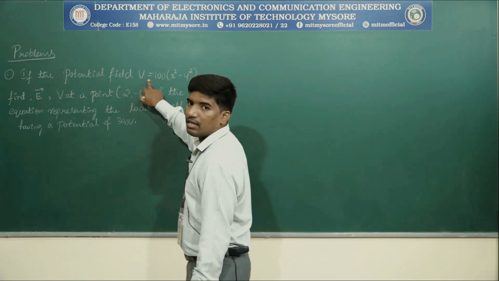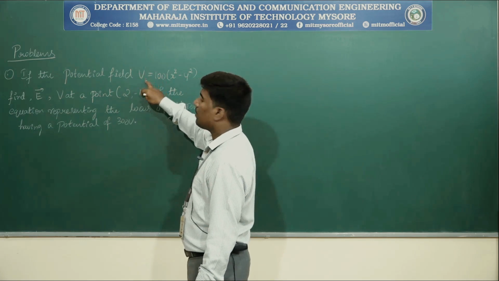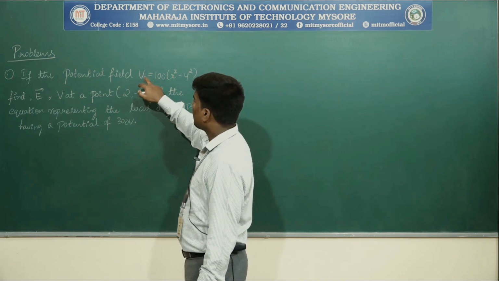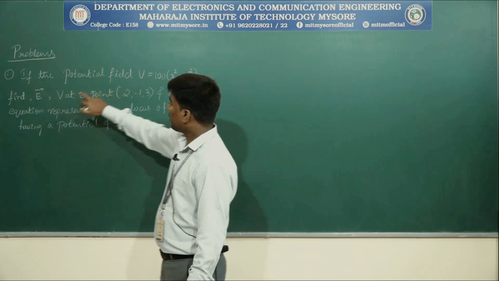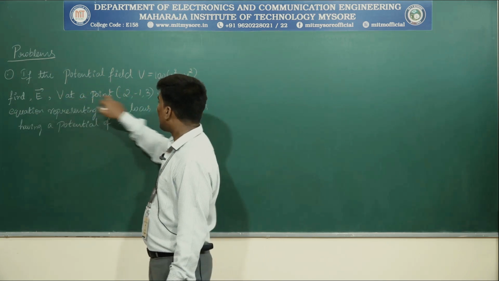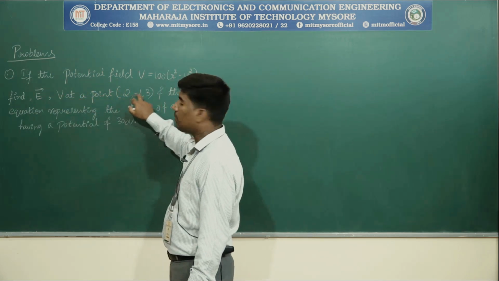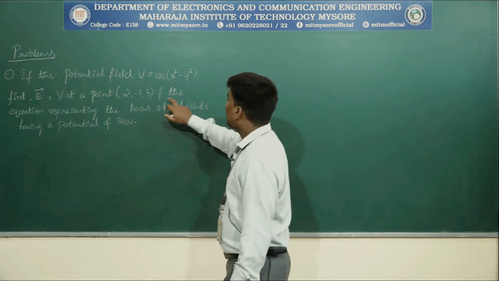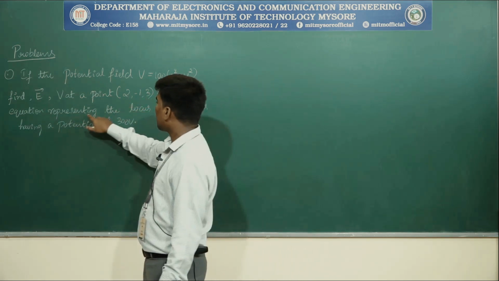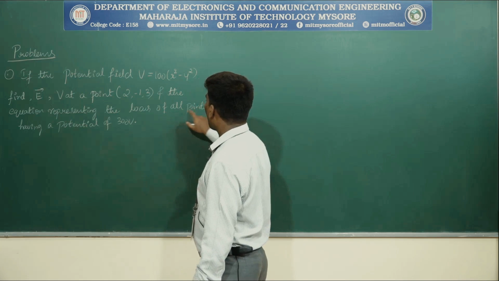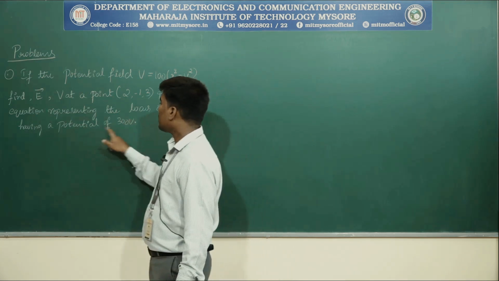You can ask a doubt. Sir, already V is given. Yes, obviously V is given, but you need to recalculate this V at this particular coordinate (2, minus 1, 3), right? And the equation representing the locus of all points having potential of 300.